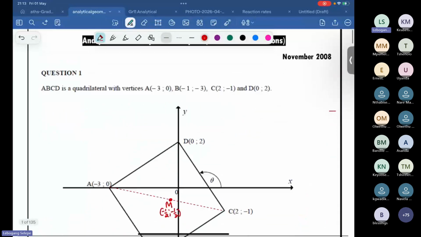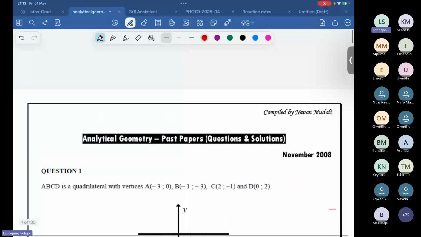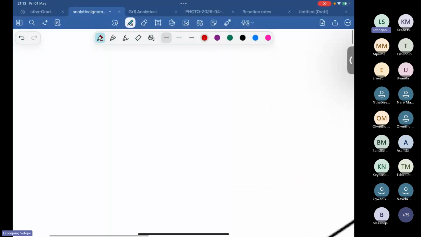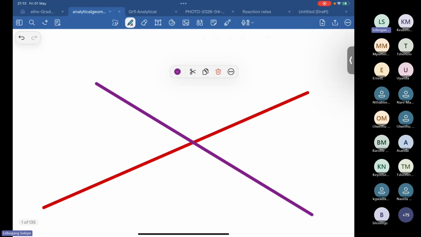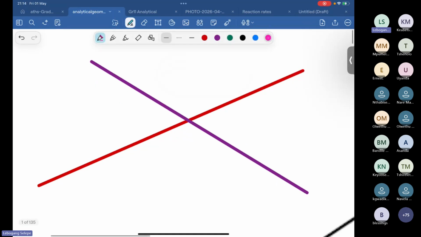Just to give you perspective before I show you the calculation: if I have this line like this and this line like that, and I tell you that this is equal to this, and this is equal to that.